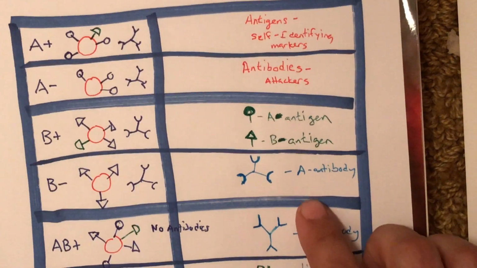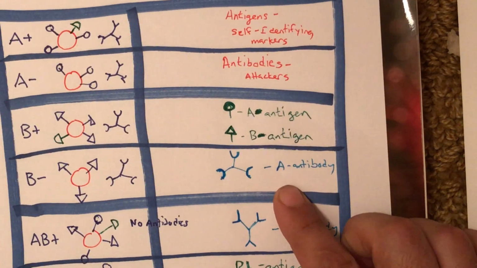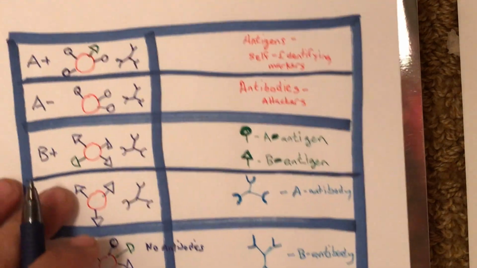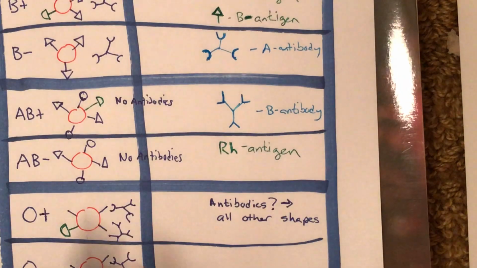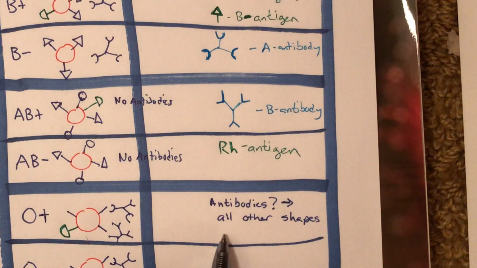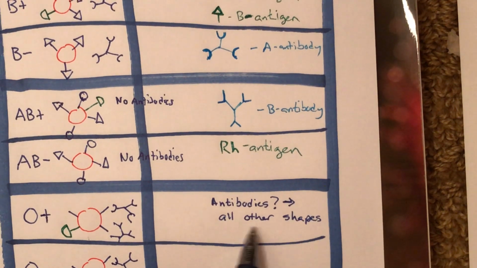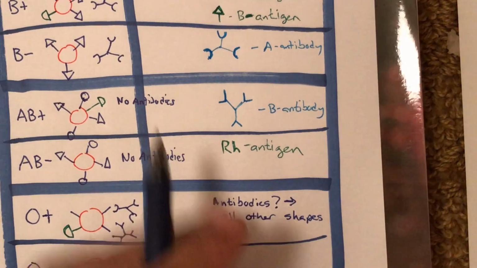What is the function, one more time, of these antibodies? They float around looking for foreign things. I hope it makes sense that we put in all other shapes, not the same shapes, but the opposite shapes. Why?